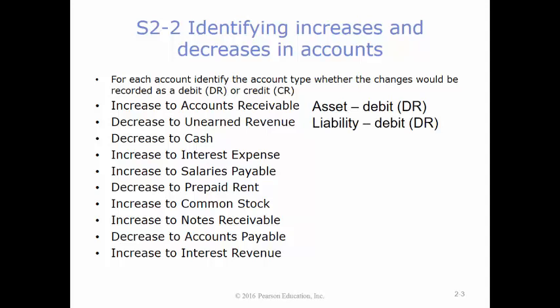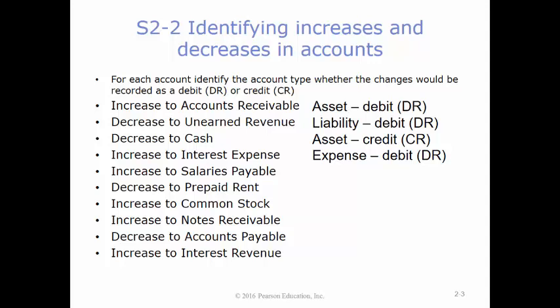Cash is an asset, and if it is decreased, it would be decreased on the credit side. An increase to interest expense is part of equity, though an increase to interest expense decreases equity, so it would be a debit. It is an expense.